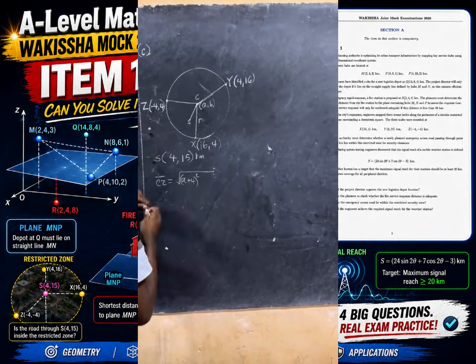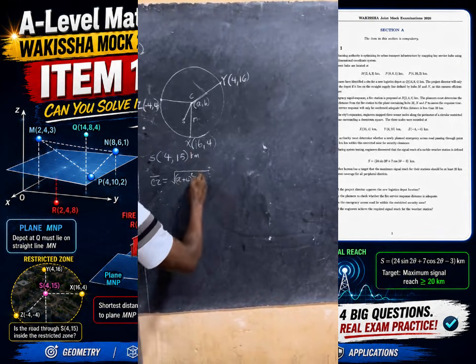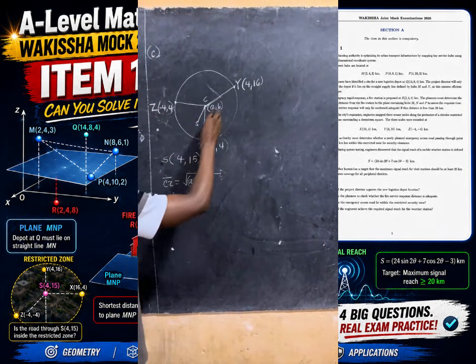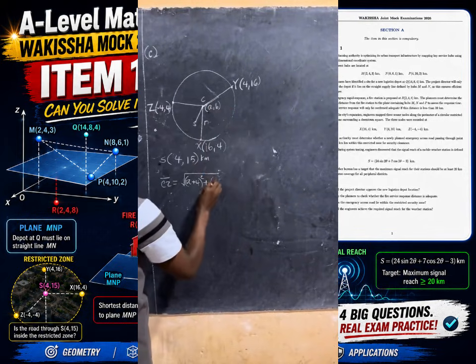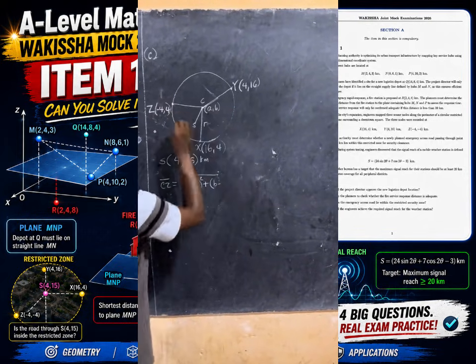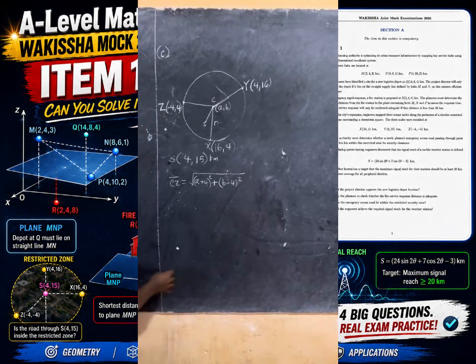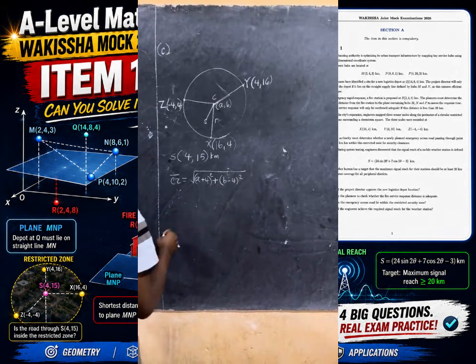The formula for the distance between 2 points is the square root of (x1 minus x2) in brackets squared, plus (y1 minus y2) squared. This is what I have.